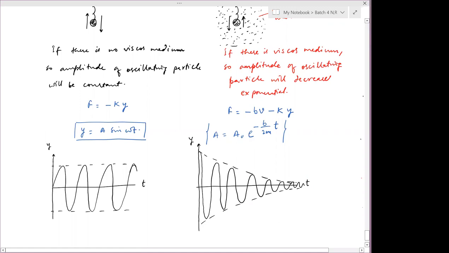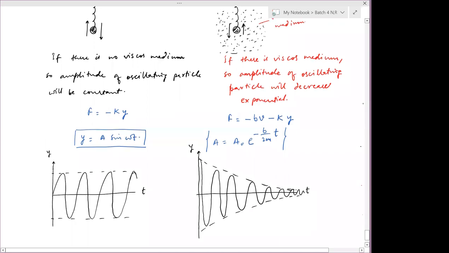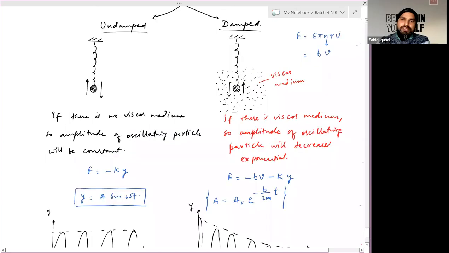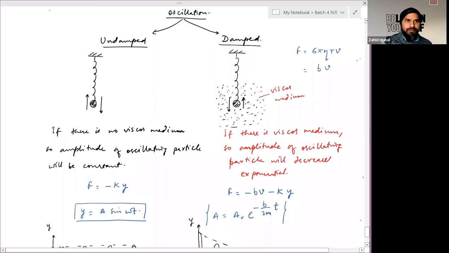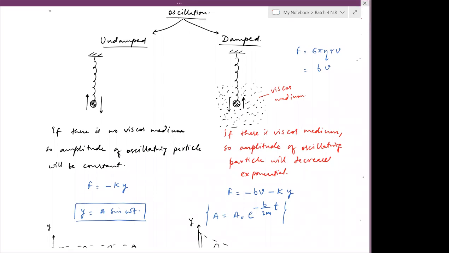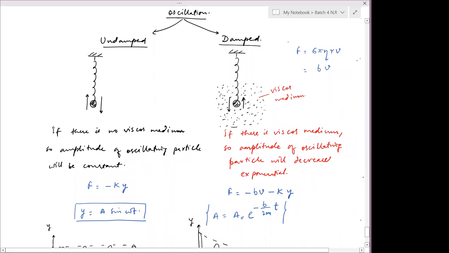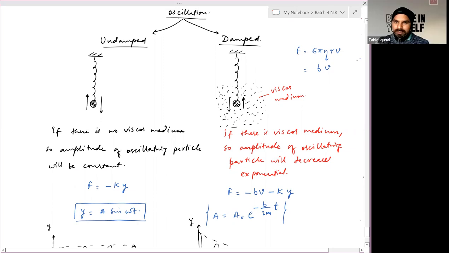So can you explain why we are considering it as negative bv? Viscous force is opposing in nature. That's why the force will oppose its motion, hence it is negative in sign. So why v, sir? I defined this particular viscous force according to Stokes' law. Let me just show you, one minute.